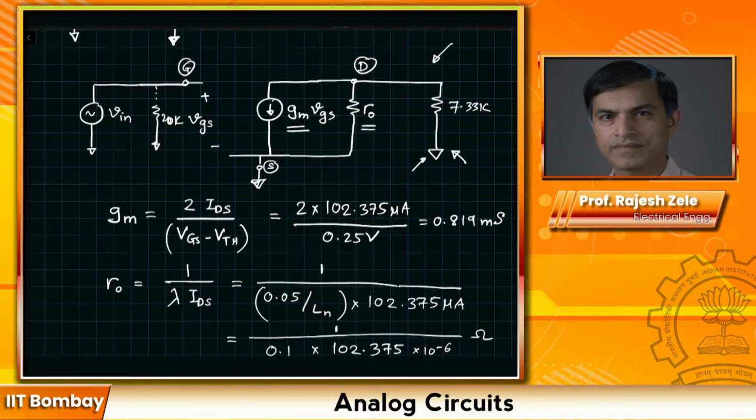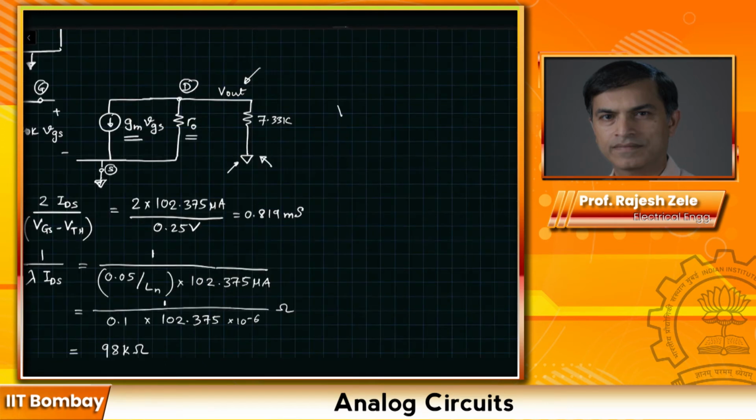If you do Kirchhoff's current law and voltage law, you can figure out the gain of this circuit. This is the output. So V out will be equal to GM times Vin, and the current here is flowing in the downward direction, so we say minus sign for current flowing in the upward direction.